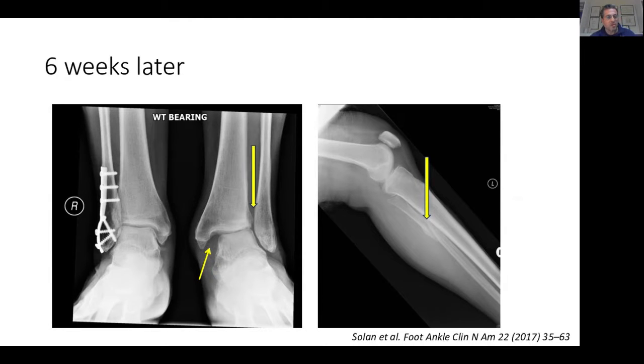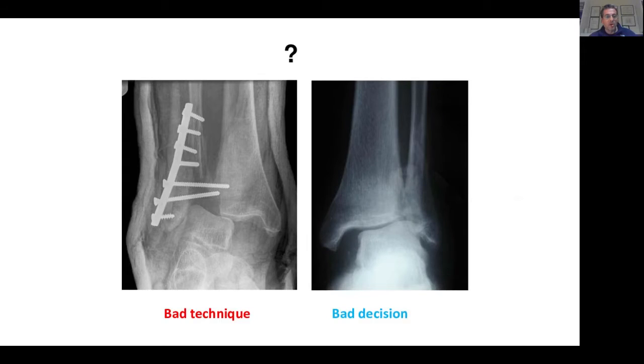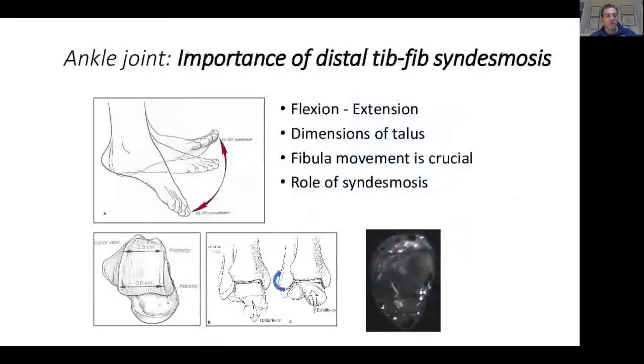What was not recognized initially is that there was a fracture, not in the ankle, but associated with an ankle injury, and that caused damage. There was damage to the deltoid ligament as well as the syndesmosis and the interosseous membrane. So sometimes what we see today are results of a bad surgical technique or of bad decision-making because we did not assess the injury properly.